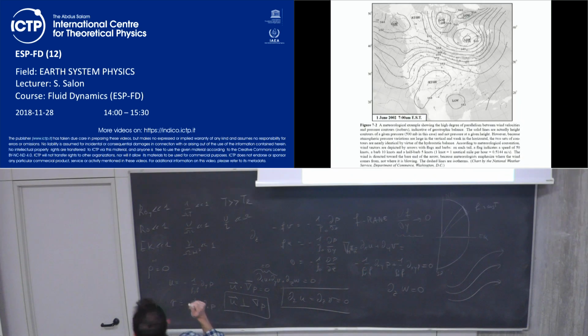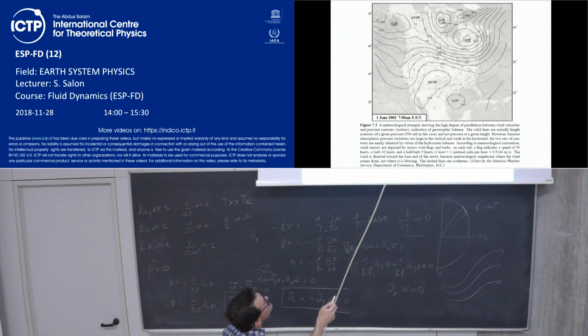So this is a map of the pressure at 500 millibars. So 500 millibars is a pressure level which is about 5,000 meters, okay, 5 kilometers. So half of the troposphere, okay?